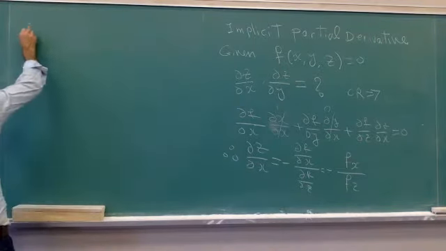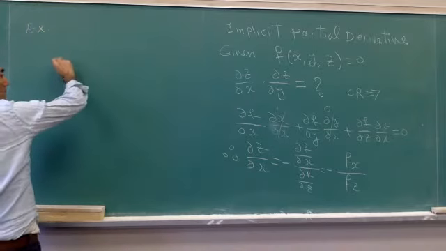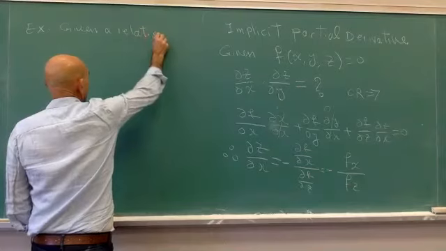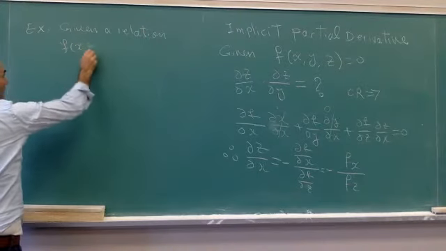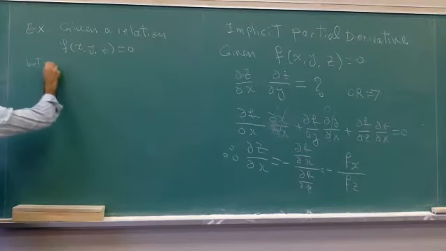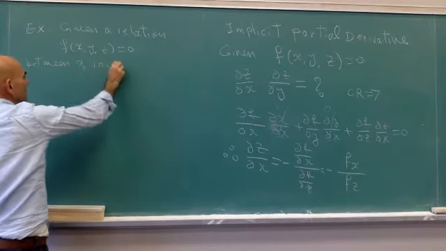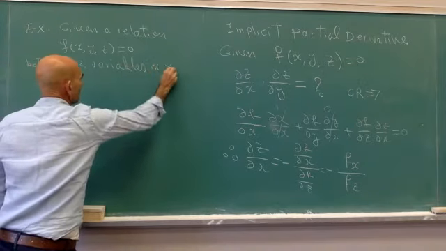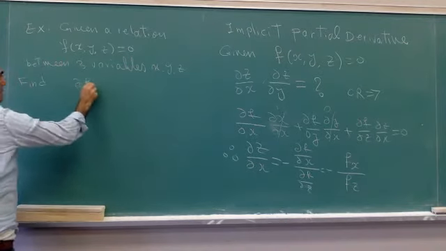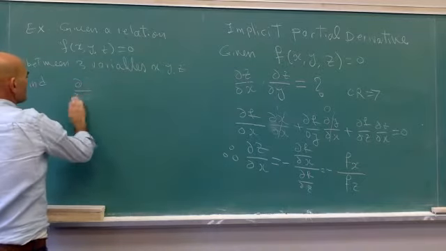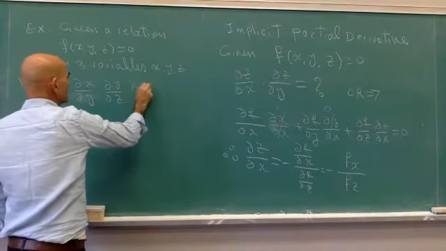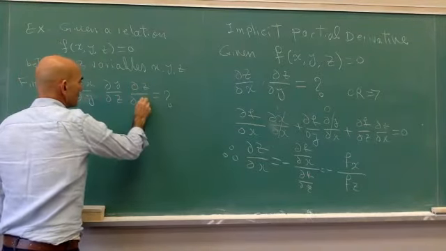So this example: given a relation f(x, y, z) = 0 between three variables x, y, z, find dx/dy times dy/dz times dz/dx.